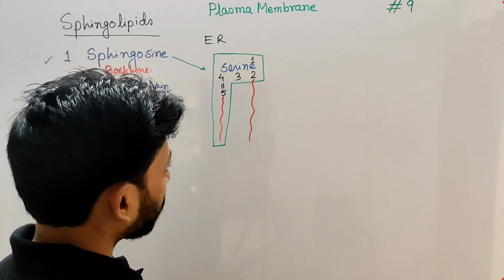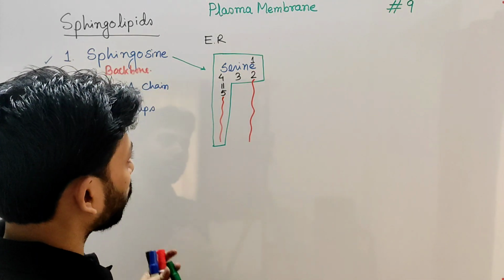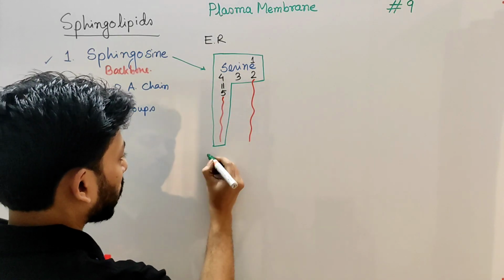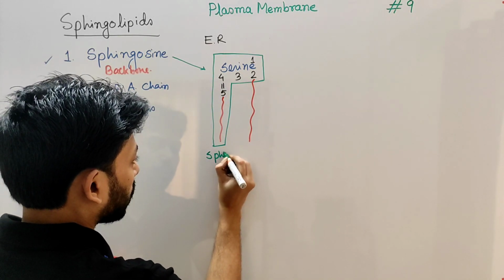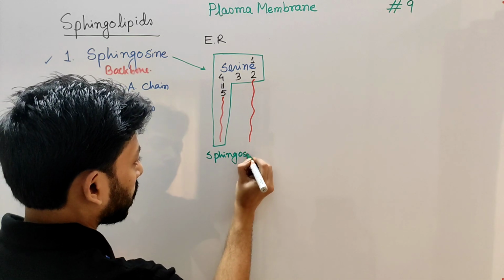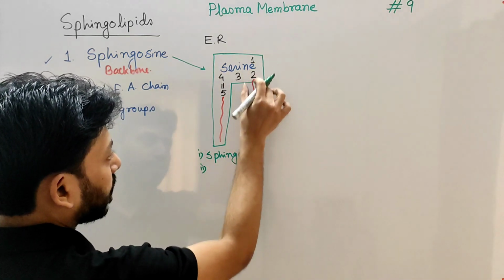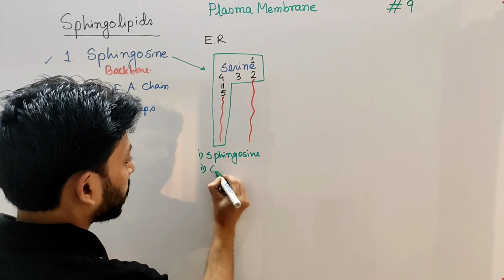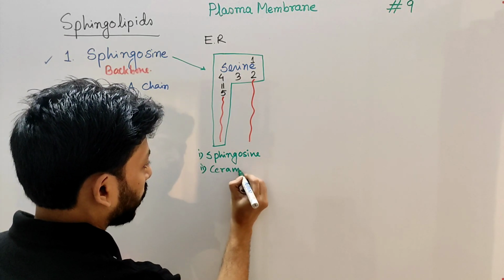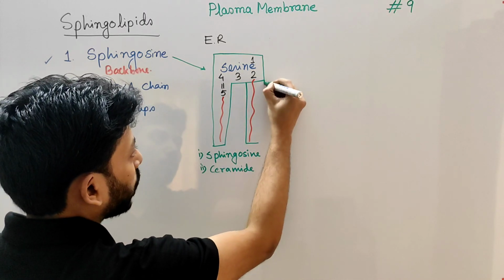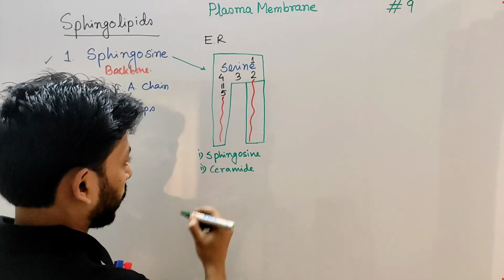Then when this another fatty acid is attached with the sphingosine, I can write, this structure is sphingosine. This is the first structure. Then when another fatty acid is attached, this structure is called ceramide. So this structure together we call ceramide.